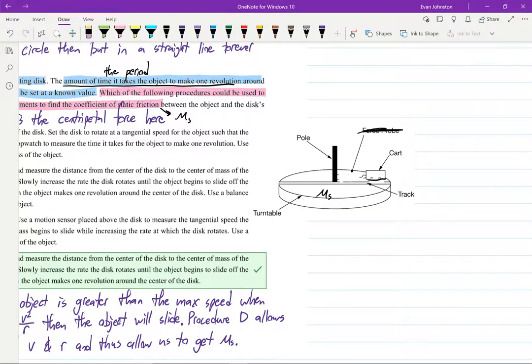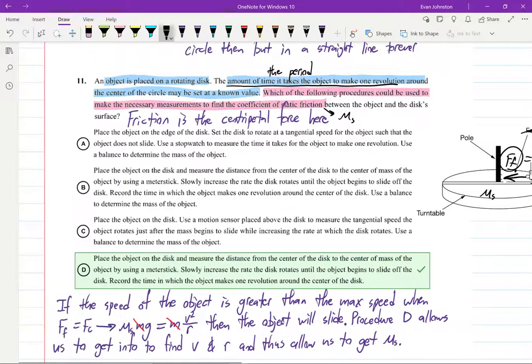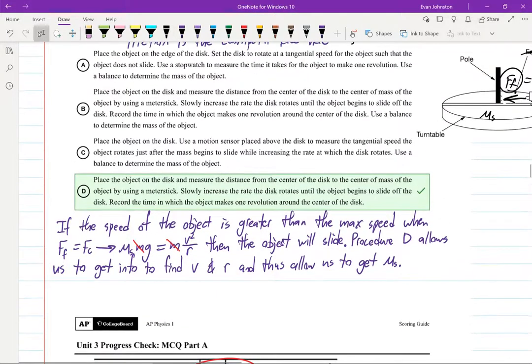And so in this case, friction is going to be our centripetal force. And so we can set the force of friction equal to the centripetal force because it is what's causing, it is that center-seeking force in this situation. And so it ends up being answer choice D, but let's look at why.